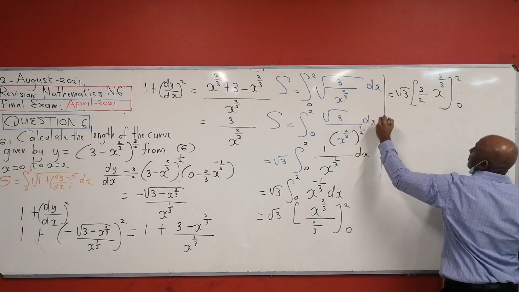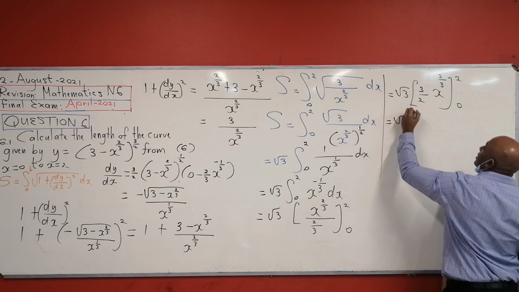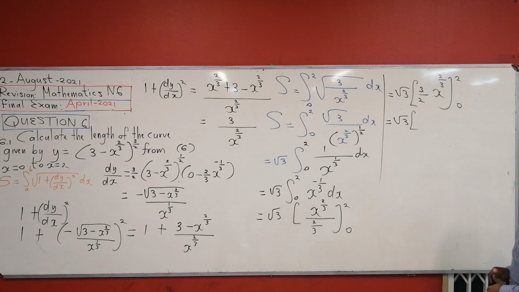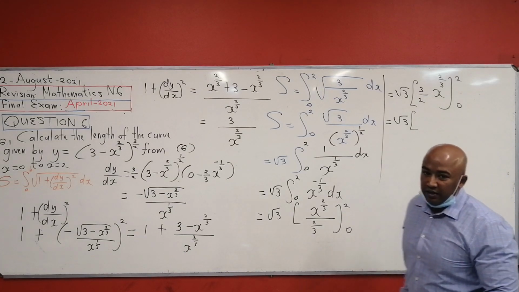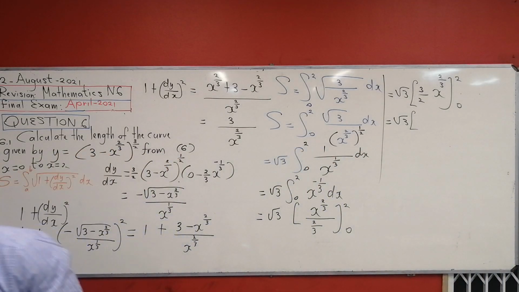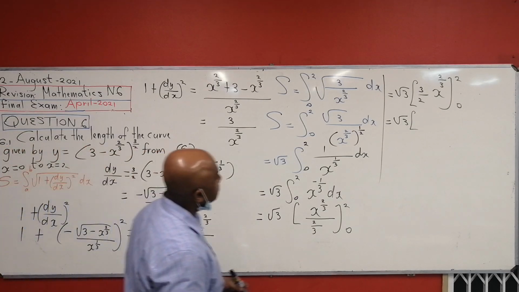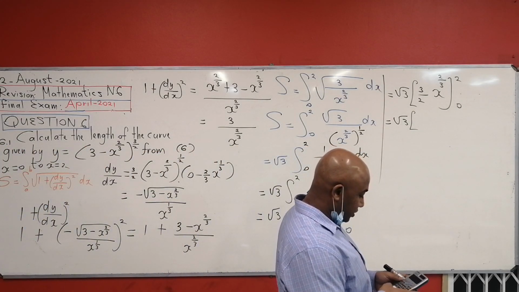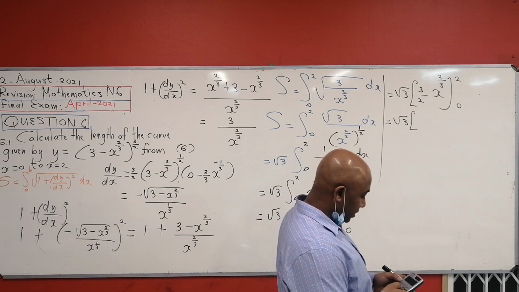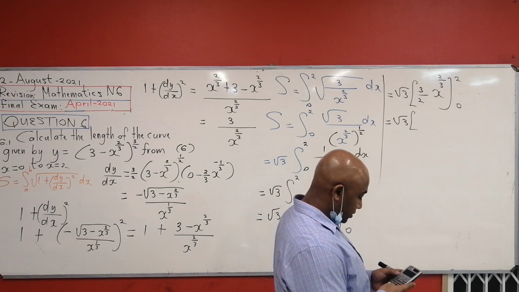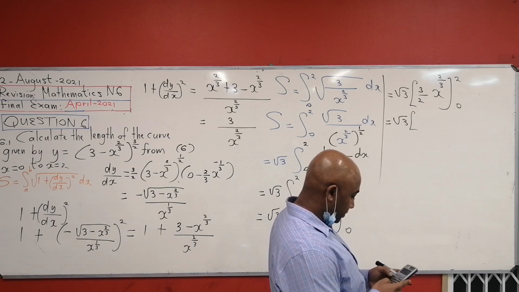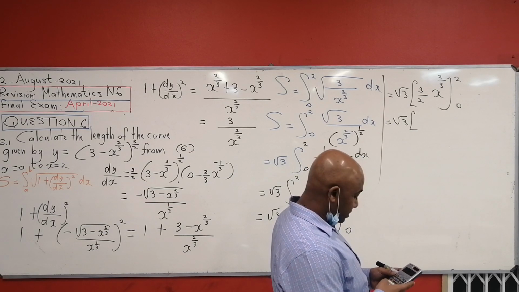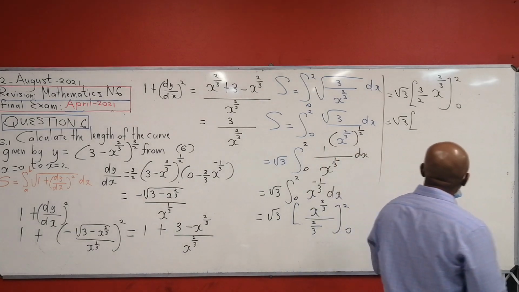Okay, so that's equal to the square root of 3 times, so we have 2 to the power 2 over 3. How do we get there? Let's check. So we have 3 over 2, x to the power 2 over 3, and we are substituting just 2.